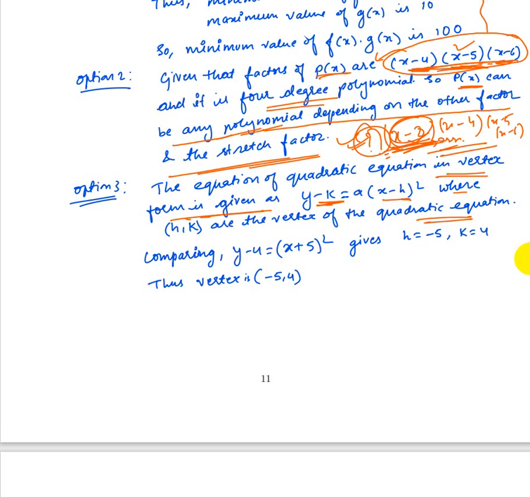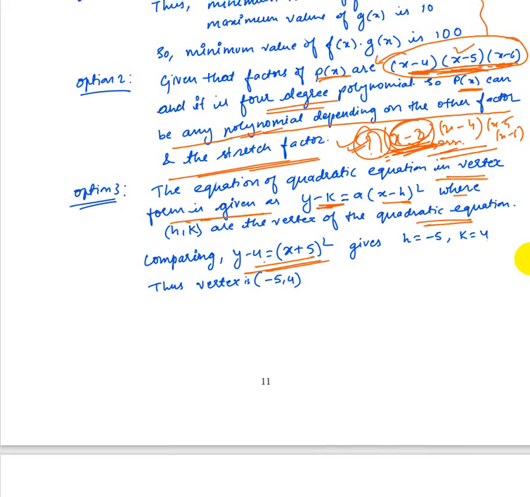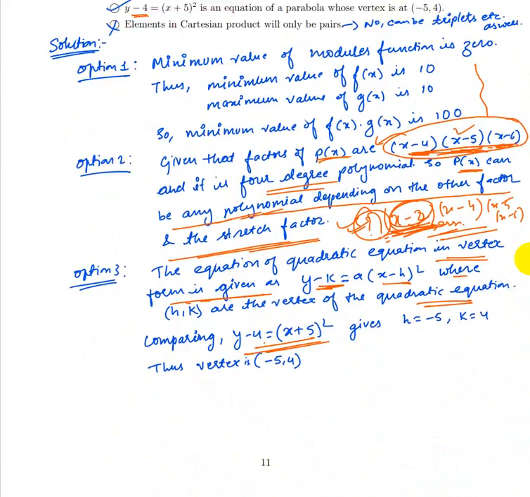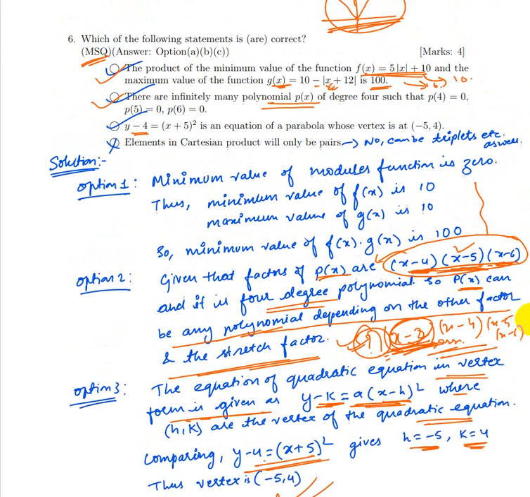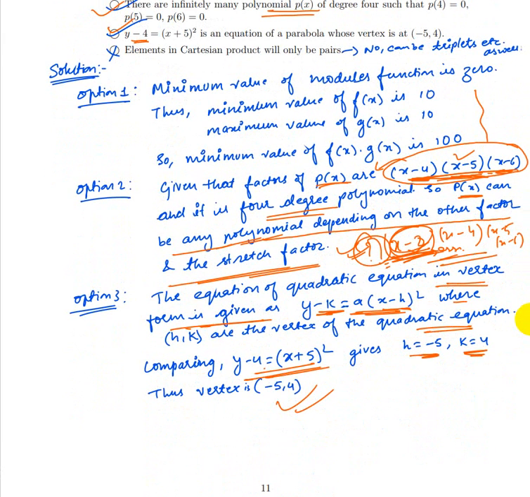Okay, so comparing this with our given equation will give us h is equal to minus 5 and k is equal to 4. So the vertex is (minus 5, 4), which is the correct option.